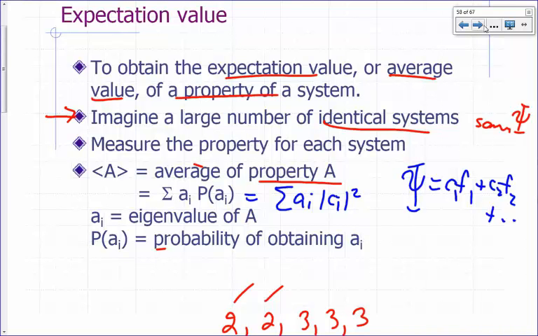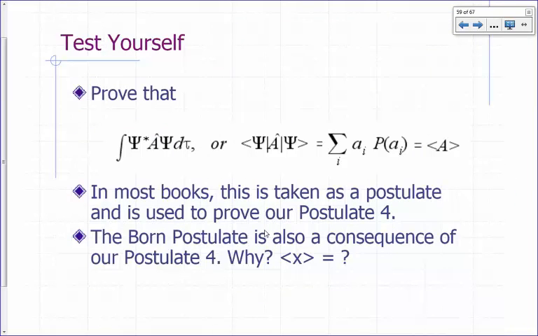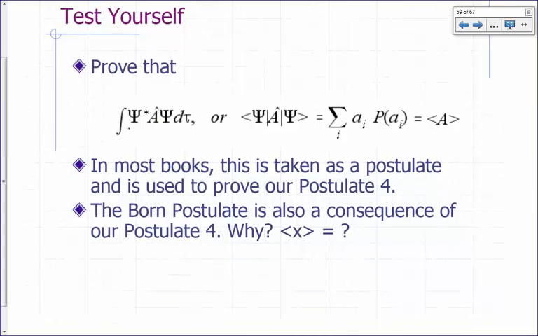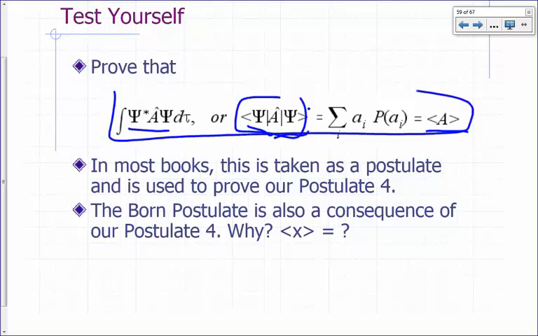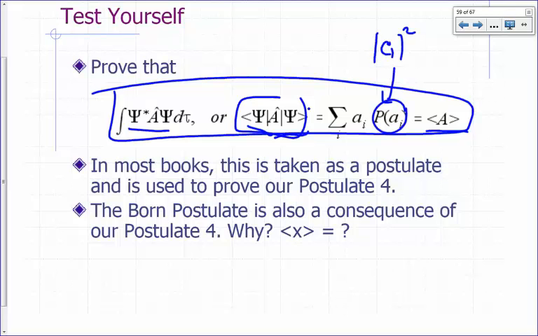So let's take a look at this one. We can actually prove that psi star A hat psi, which you can write in bracket notation like this, is just the expectation value. Now, in most books, this is actually the expression of the postulate, and then from that you can derive postulate number 4, because you can show that that's c sub i squared.